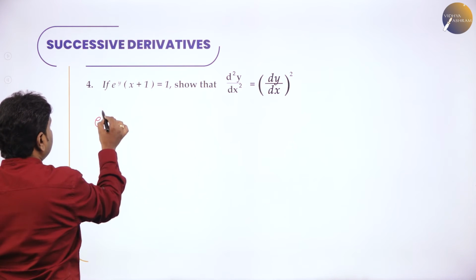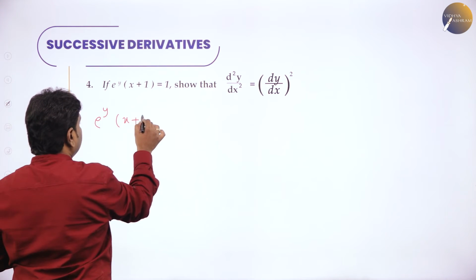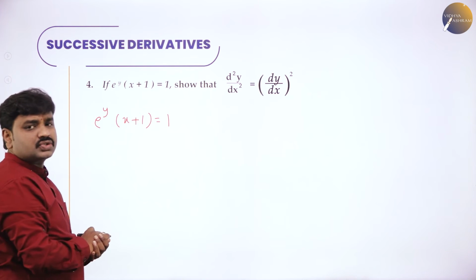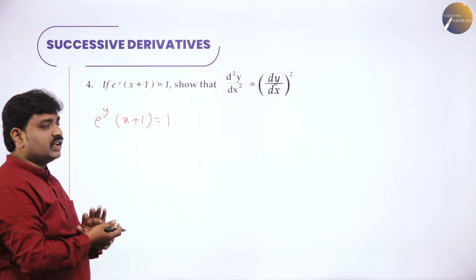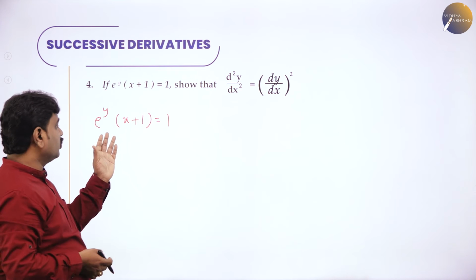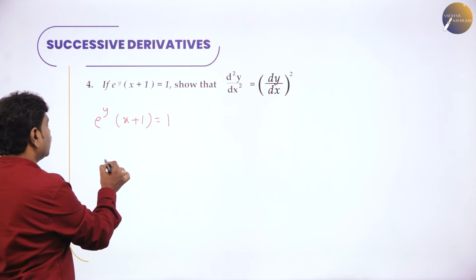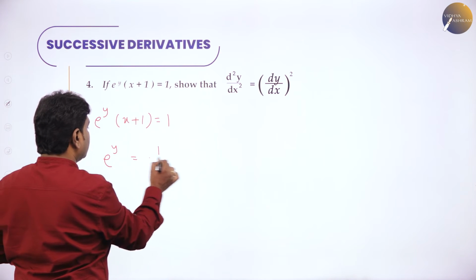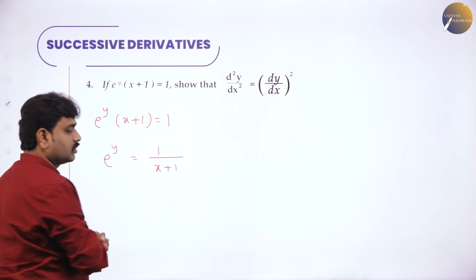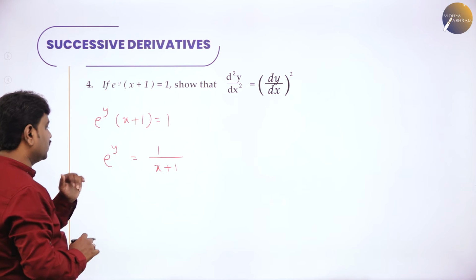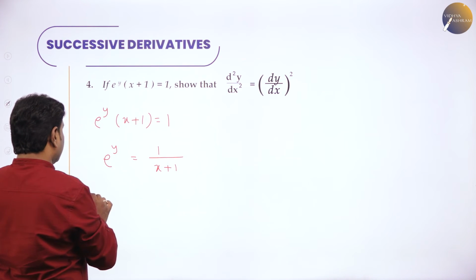So first they give e power y into x plus 1 is equal to 1. Dear students, you can directly find dy by dx and rearrange. What I'll do is I'll convert it into explicit. I'll make y is equal to f of x. Can I write e power y is equal to 1 by x plus 1? Further, apply log on both sides.